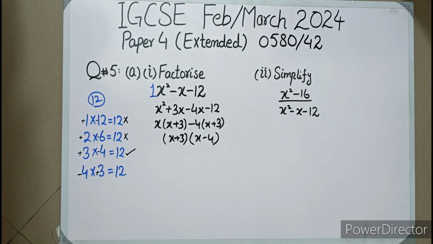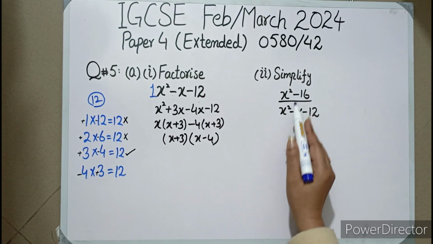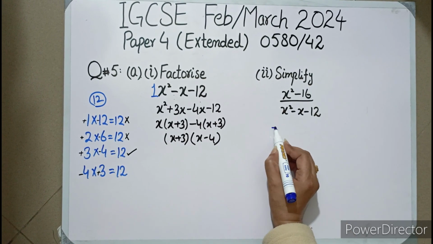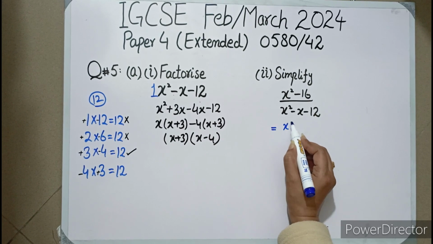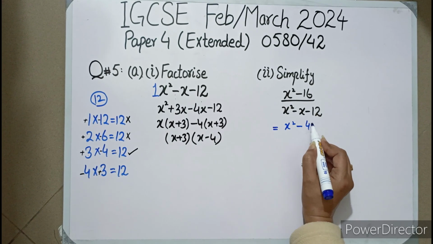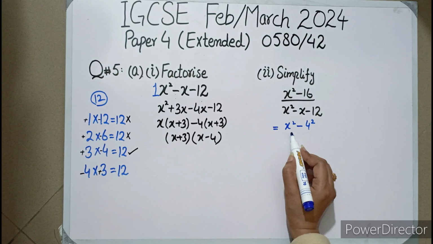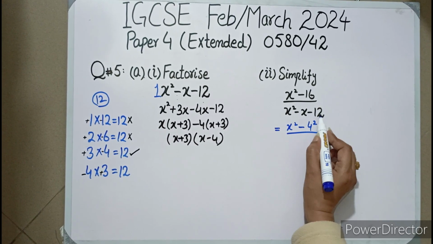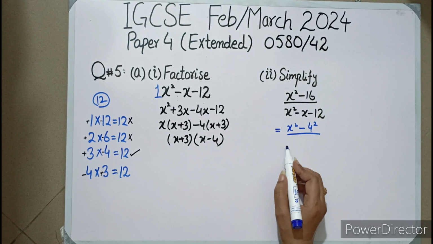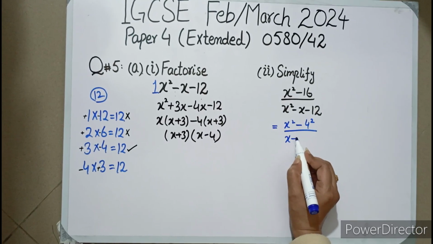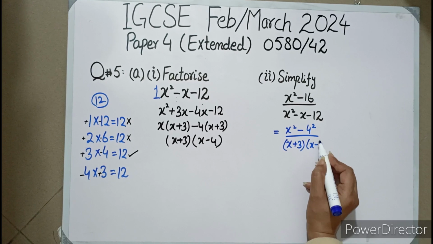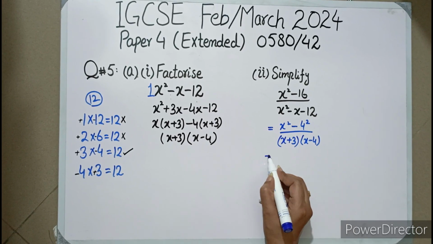Now come to question number 2. The second part says simplify this expression. Since we can write x square minus 4 square, 16 can be written as 4 whole square. While this expression is being solved in part 1, so we can place the result over here, x minus 4.